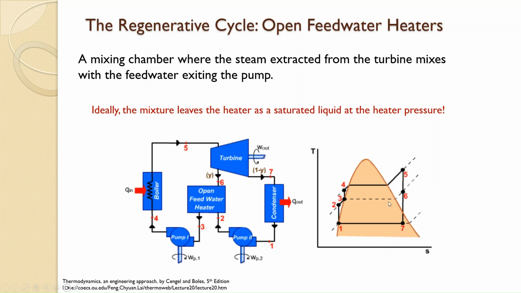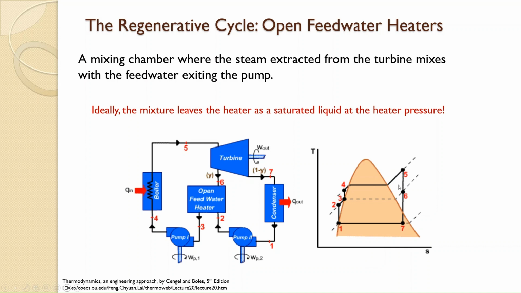If you look into the TS diagram, you see that it looks different from the ideal Rankine cycle. Here, if you look into stream number 2, you see the temperature rises from 2 to 3, and then the pressure increases from 3 to 4 to the same pressure of the boiler. And then you have this constant pressure line.